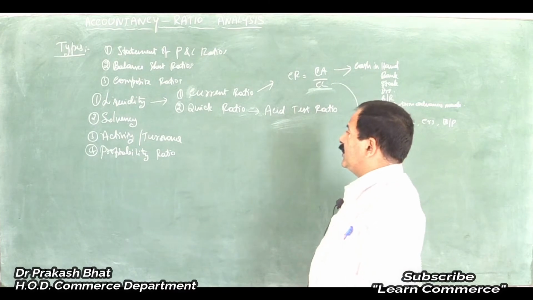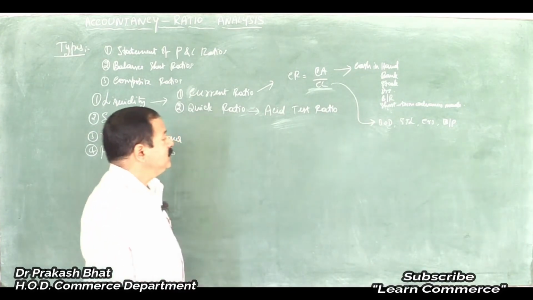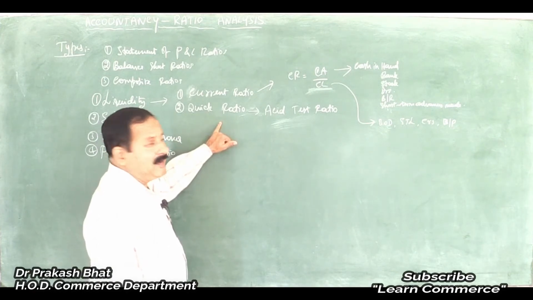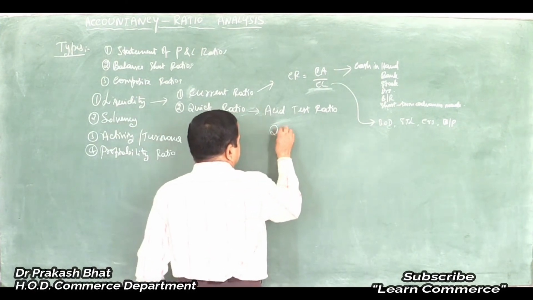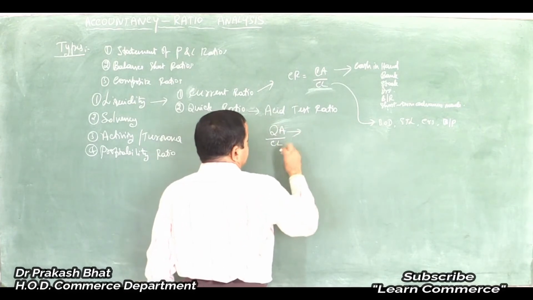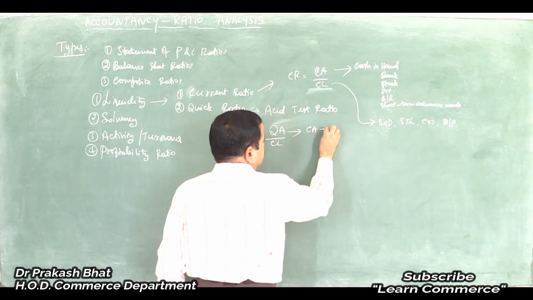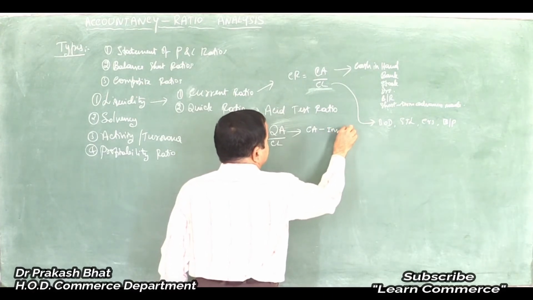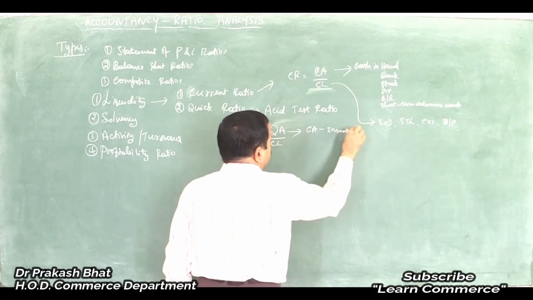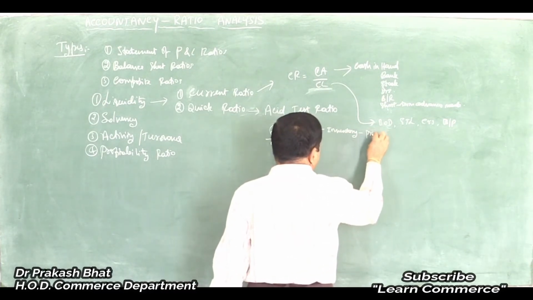And what is quick ratio? Quick ratio is the relation between quick assets and current liabilities. The formula is quick assets divided by current liabilities. Quick assets means current assets minus inventory or stock, minus prepaid expenses.